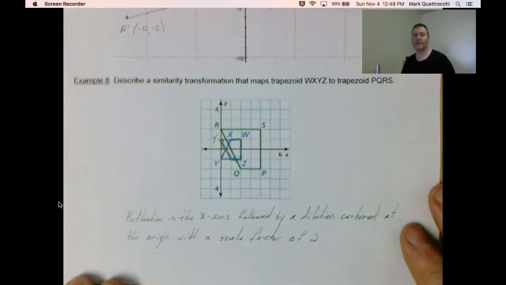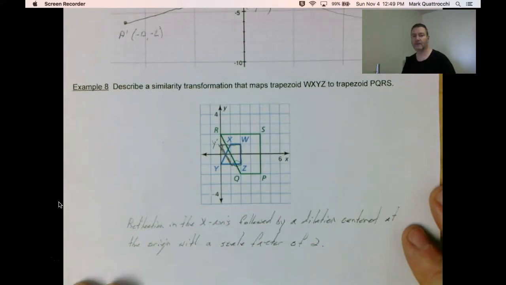That's one possibility. There are other possibilities as well. We don't have to just do that one.